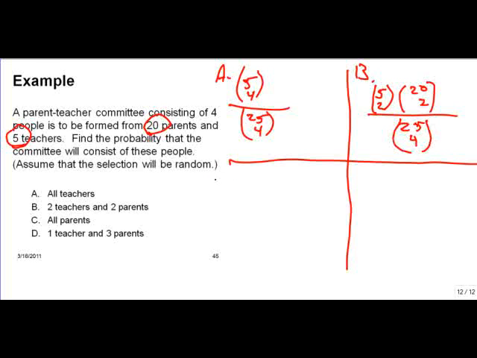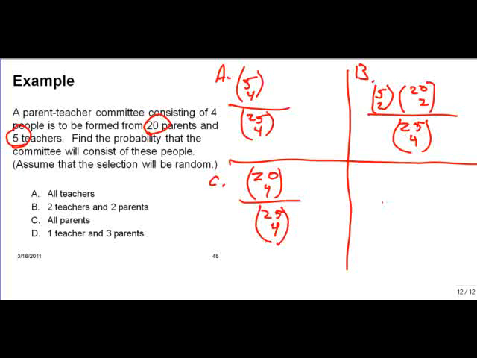So part C, all parents. How many parents do we have? 20. How many do we want? 4. Does it matter how we get them? No. So there's 20 choose 4 ways of doing that, out of all possible outcomes, so 25 choose 4.